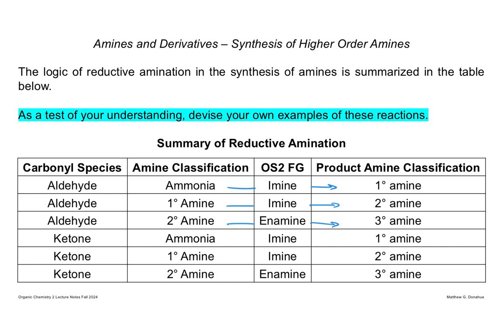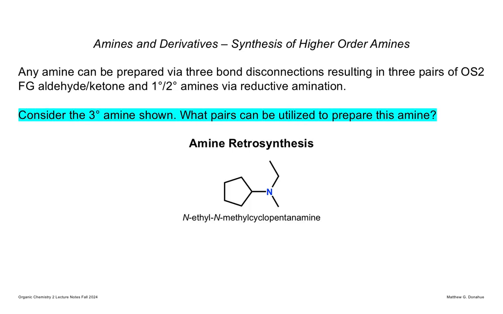And so now, let's see where we're going here. So how can we use this in terms of a strategy? If we consider that this amine that's shown, so this is a tertiary amine. It has 3 different substituents, a methyl, an ethyl, and a cyclopentyl group.